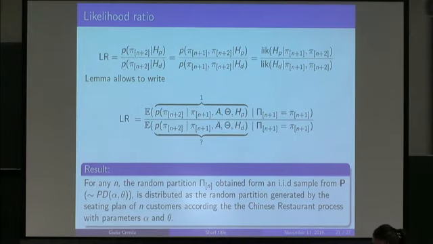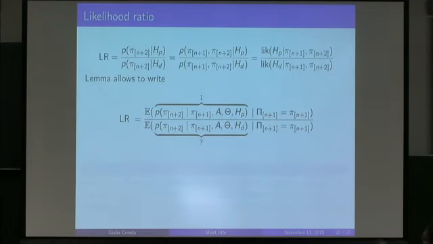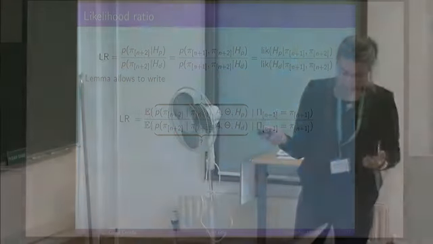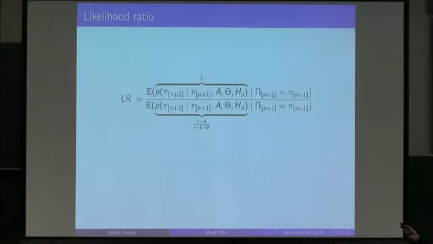So if you want to look at the probability for the YSTR at the n+2 observation to be equal to the YSTR profile at the n+1 observation, you can use the probability for the n+2 customer to choose the same table as the n+1 customer. And this probability is 1 minus alpha divided by n+1 plus theta. And this is how we get to this nice formula which I showed you at the beginning of my presentation.